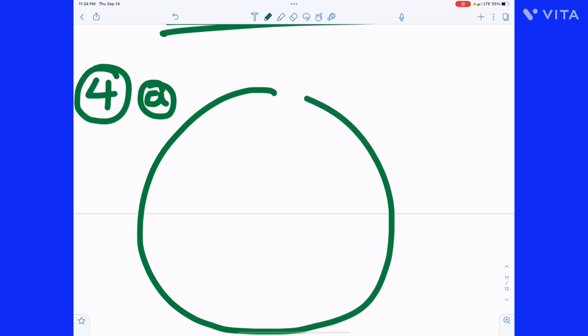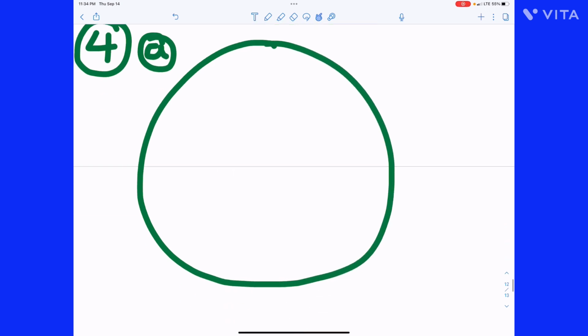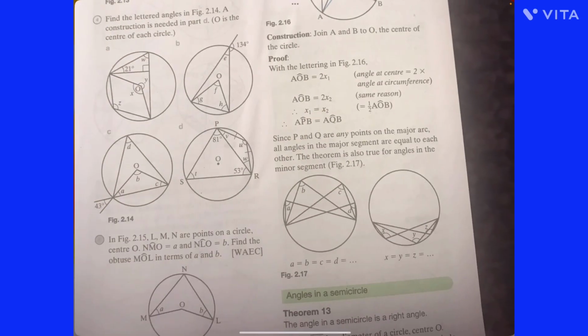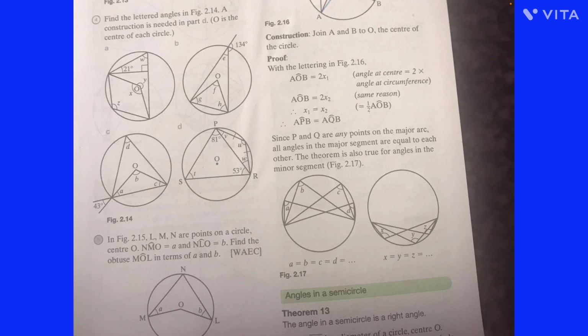Excuse me, I was trying to. So, I'll start with 4A. 1, 2, 3, 4.